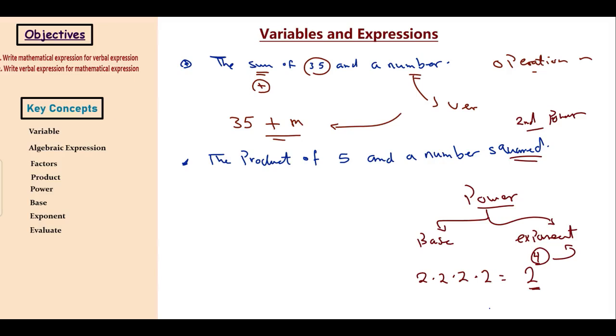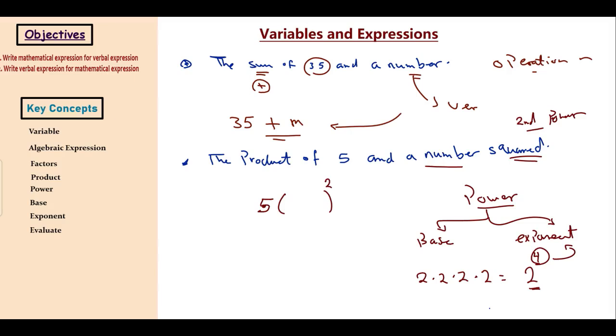For multiplication we can use a large dot, or we can use parentheses. I prefer using parentheses, or nothing between the numbers or variables, whatever we have. So this is 5 times something. What is the something we are looking for? A number squared. Squared means to the power 2, or raised to the second power.